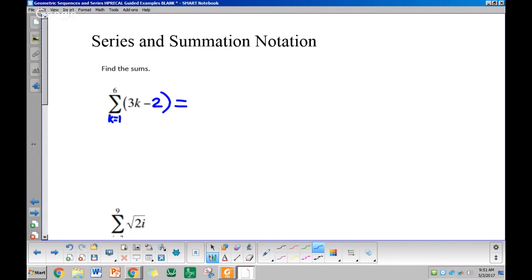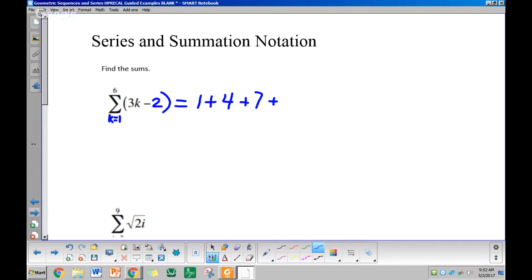I'm going to let K equal 1, and I'm going to substitute in my expression when we get 1. And since this is a sigma, it means we're adding. And then I'm going to bump the counter up to 2, and then I'm going to plug a 2 in here. We get 6 minus 4, which is 4. Plus, bump the counter up to 3, so this is 9 minus 2, which is 7.